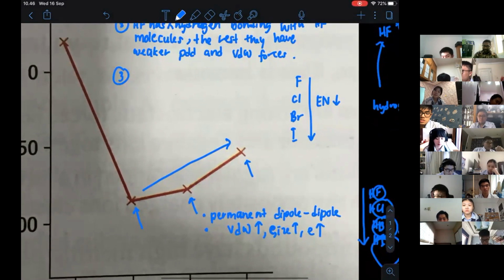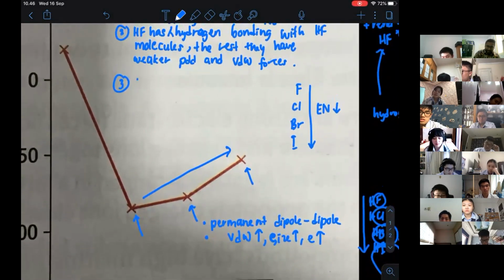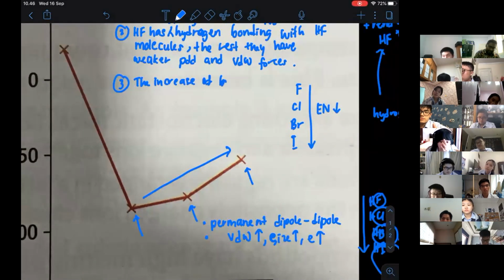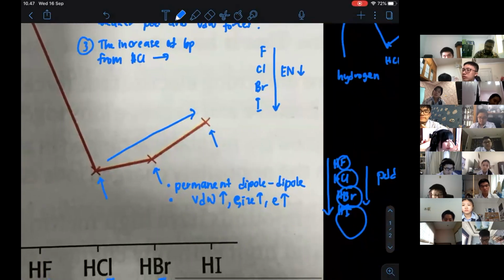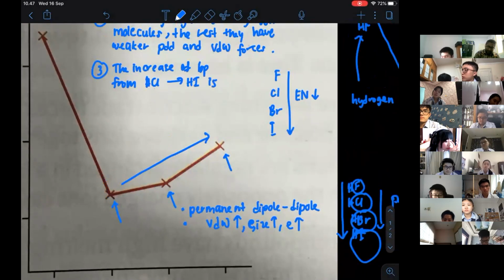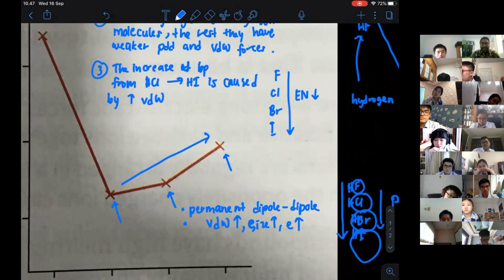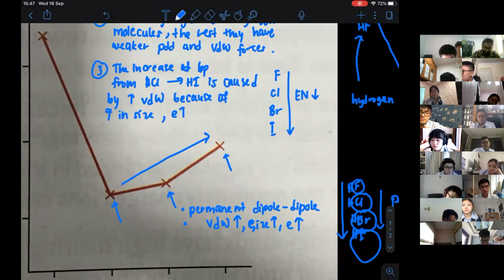The increase of boiling point from HCl to HI is caused by an increase in VDW, not PDD, because of the increase in size, which is going to lead to an increase in the number of electrons.